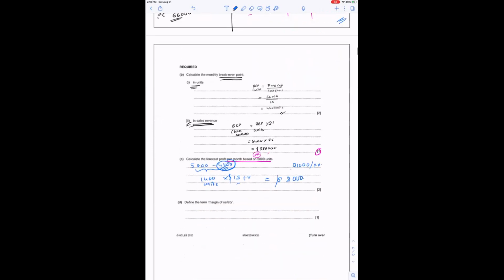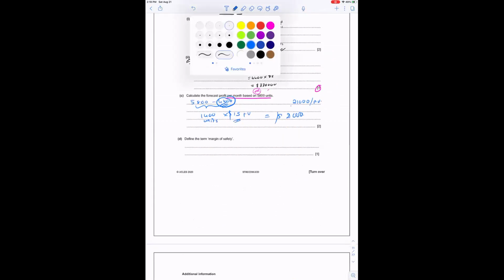After break-even point, whatever contribution you are getting will give you profit, because you have already recovered your fixed costs.